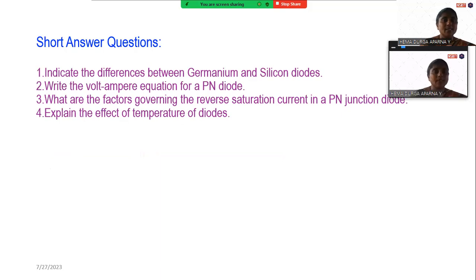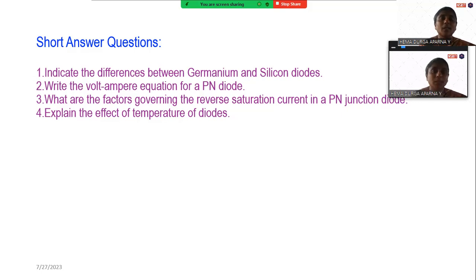By the end of this session, I think you can answer the short answer questions. What is the difference between germanium and silicon diodes? Both are frequently used materials for diodes, and the main difference occurs in their operating point or threshold point.